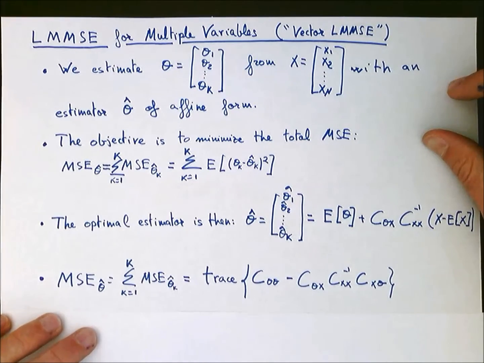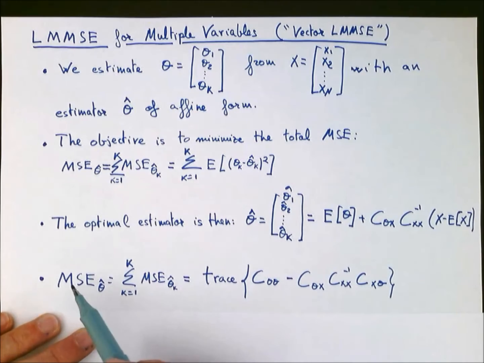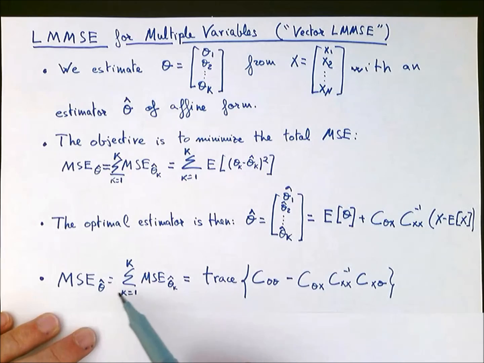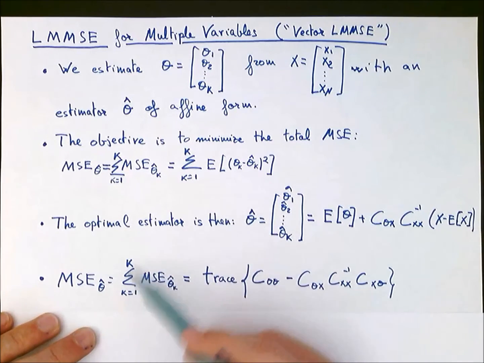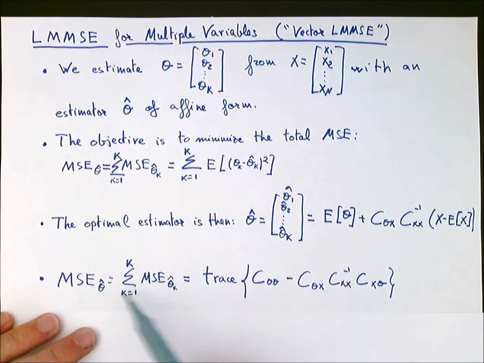Similarly to the scalar LMMSE case, we can also compute the MSE of the vector LMMSE upfront, and similar to what we defined before, the total MSE is going to be the sum of the individual MSEs.